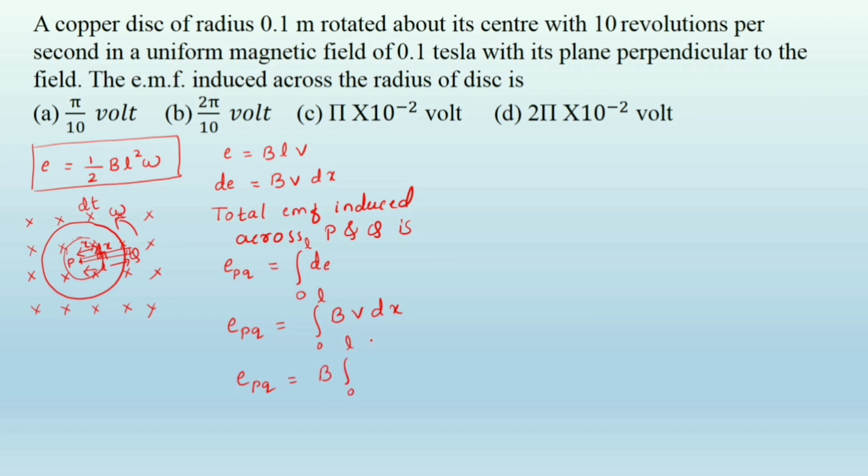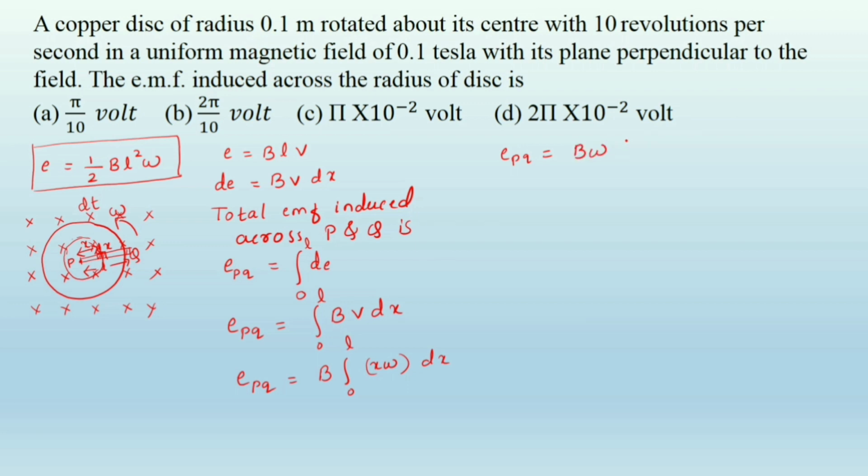Integration of velocity V: instead of V, I can write it as R omega, or we can take it as x omega for the small element, into dx. So the induced EMF equals B, omega is the same here, the angular velocity.